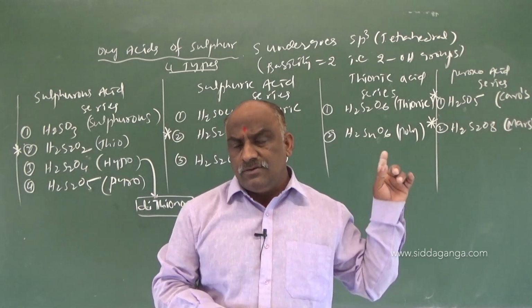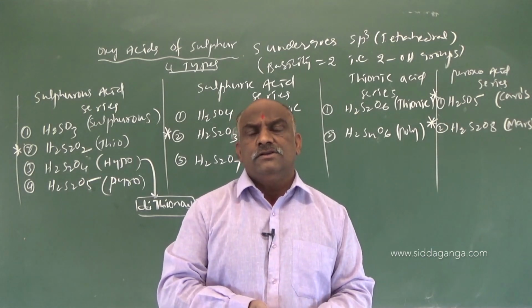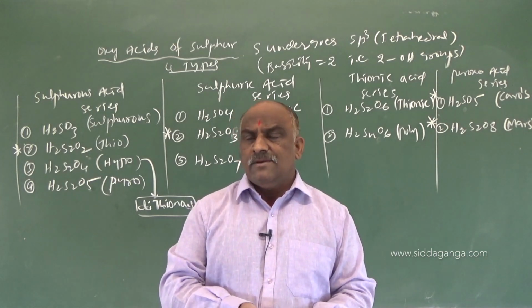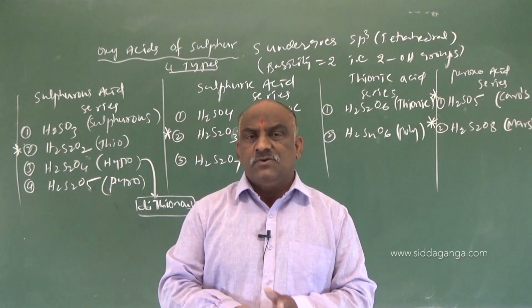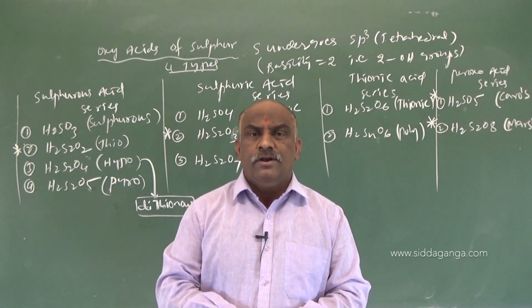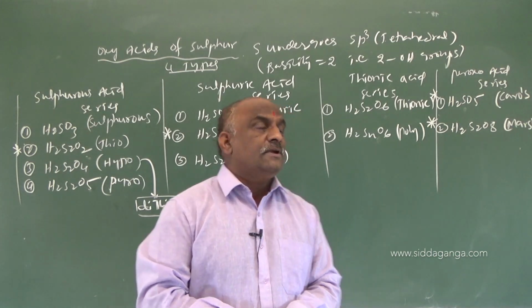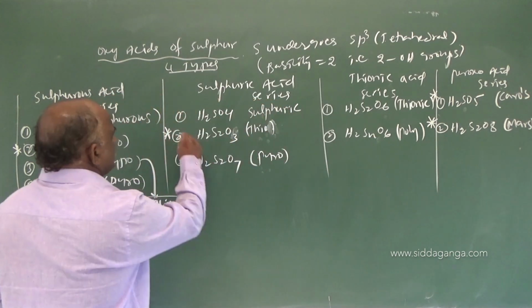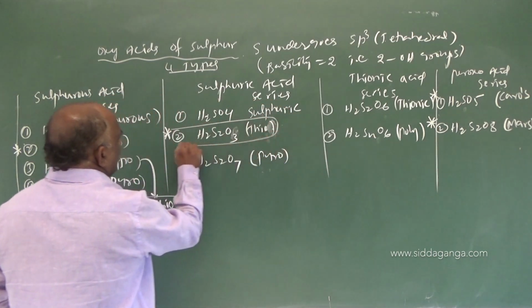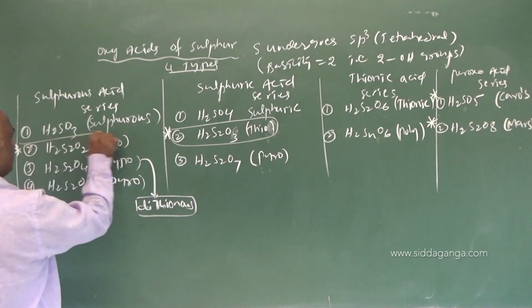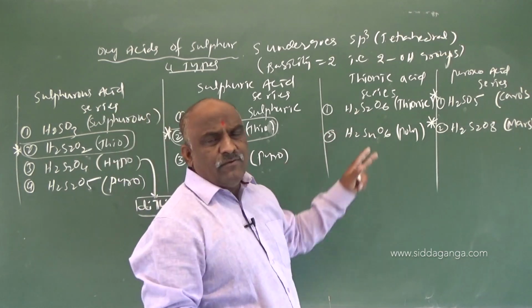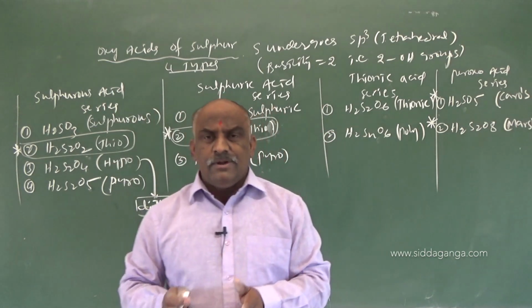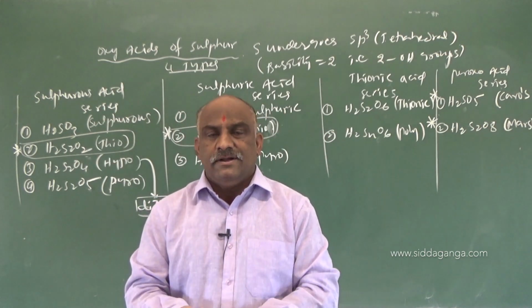From the entrance exam point of view, these oxyacids are very important, because sometimes questions like which of the following does not contain an S-S bond, S-O-S bond, S=O bond, are asked. Where you find thio, it means presence of an S-S bond.